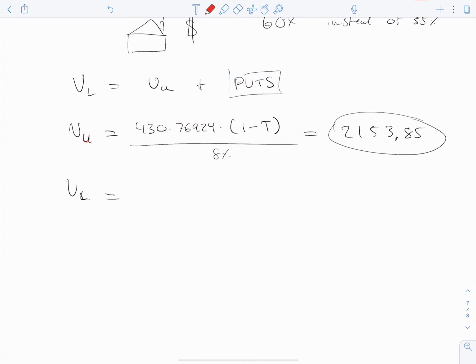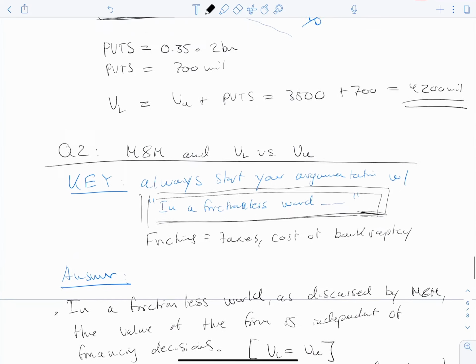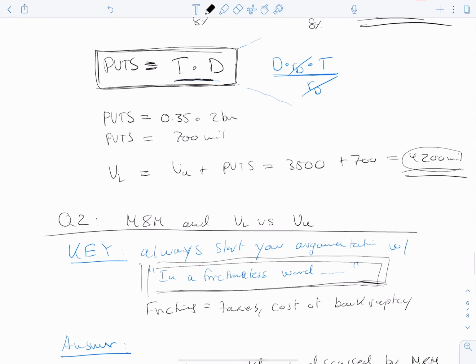Right, so this is critical that you see that. The value of the levered firm is then the value of the unlevered firm plus the value of the tax shield, where you now use the new tax rate. And you have that the value of the levered firm is now this. So it basically ran down to a bit more than 3 billion, but went down from a bit more than 4 billion.